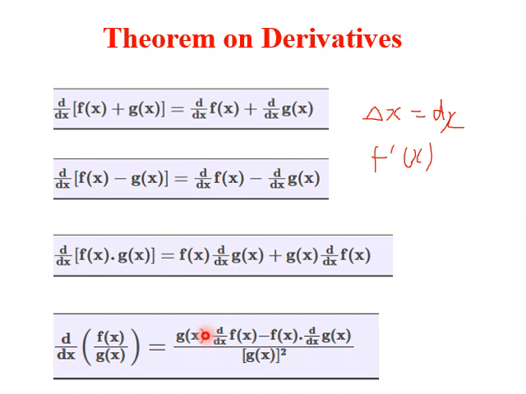Then in the numerator, start with the denominator: denominator into derivative of numerator minus numerator into derivative of denominator. So for the derivative of f of x by g of x, denominator the whole square, and in the numerator, denominator into derivative of numerator minus numerator into derivative of denominator. You have to remember it like this.